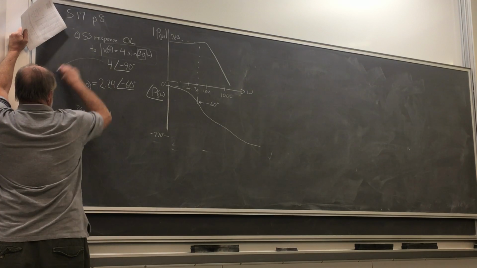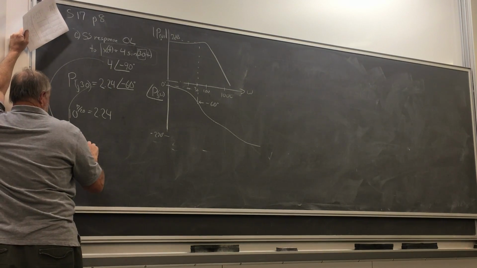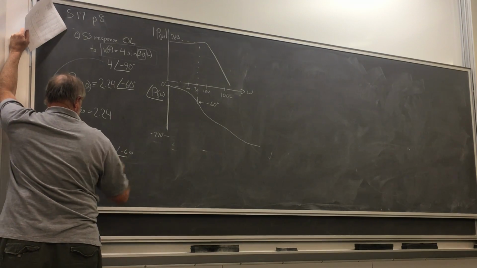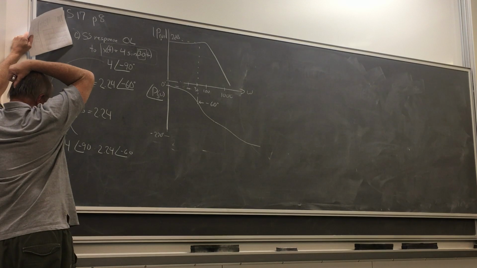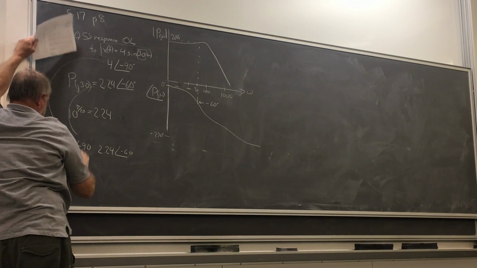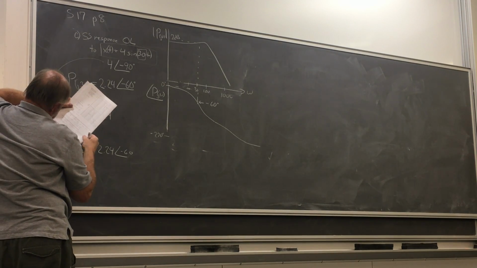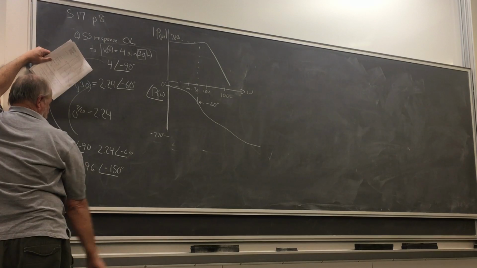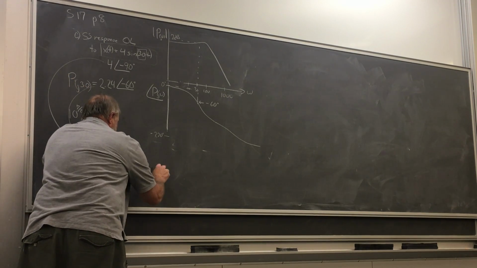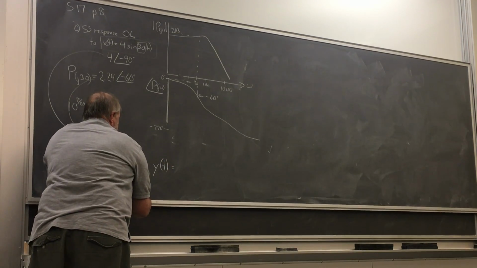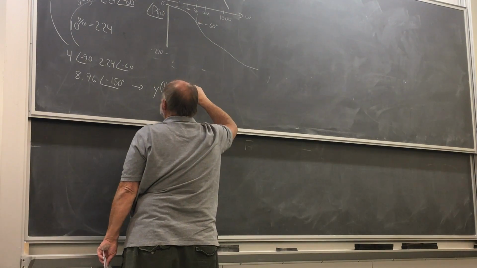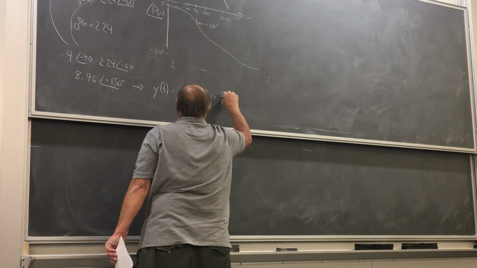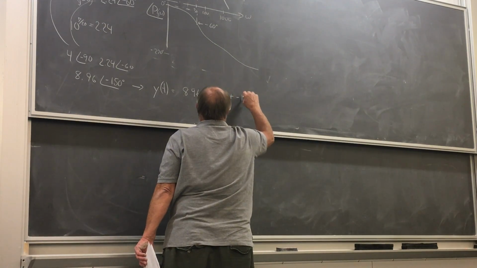So what we have now is we simply multiply these two together. 4 at negative 90 times 2.24 at negative 60 gives you what? 2.24 times 4 would be about 9, just under 9, 8.96, at an angle of negative 150 degrees, which translates in the time domain to the output of this system being 8.96 cosine of 30t minus 150 degrees.